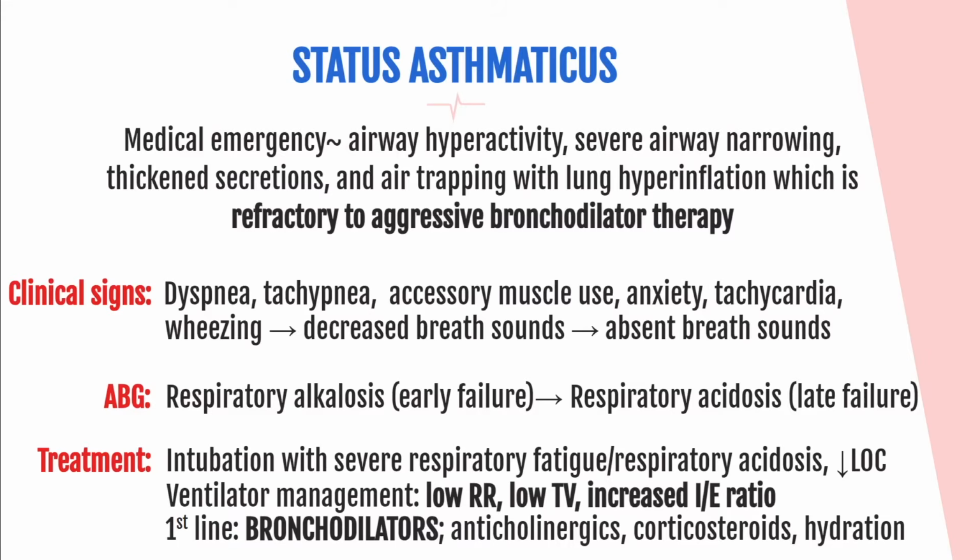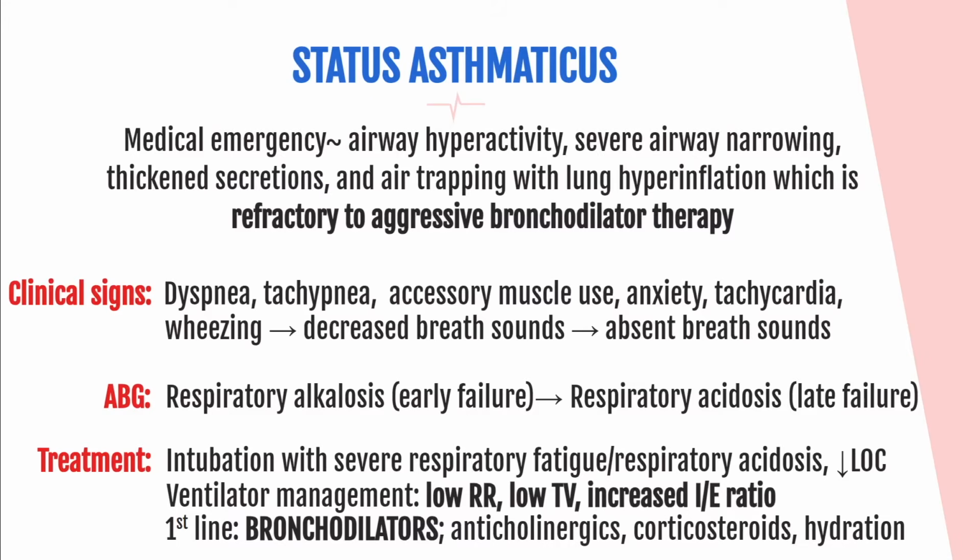These patients will need low tidal volumes to prevent auto-PEEP, and auto-PEEP is just a sign of air trapping and not full exhalation prior to initiating the next breath. And we'll also have to increase the IE ratio, or the inspiration-expiration ratio. Again, this is to allow time for proper exhalation and to prevent auto-PEEP.